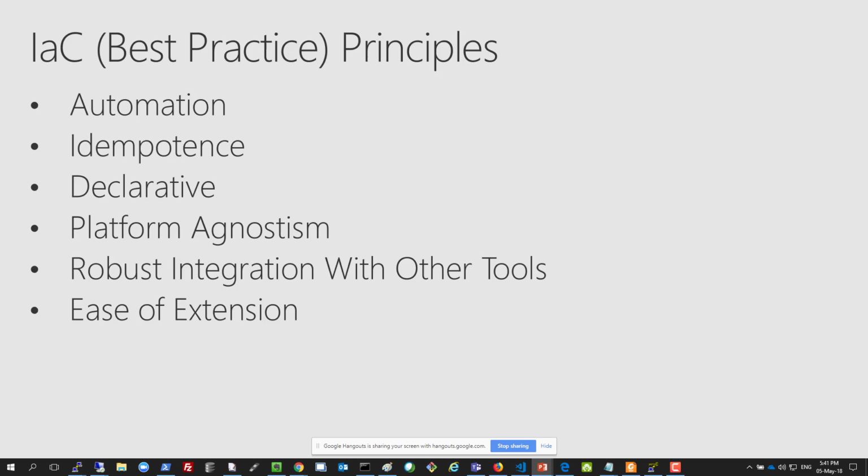That other tool could be custom script extension, like we know in Azure. It could be Chef, it could be Puppet, it could be Ansible, but it has integration with configuration management tools to do the configuration, but it is going to do the provisioning. But it's going to be able to automate everything from the beginning to the end.